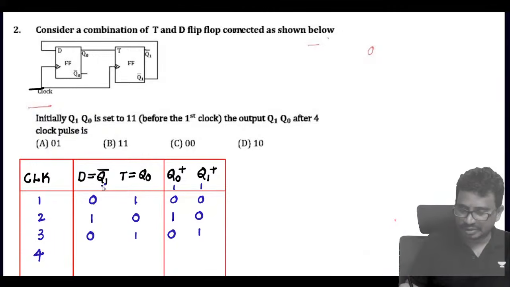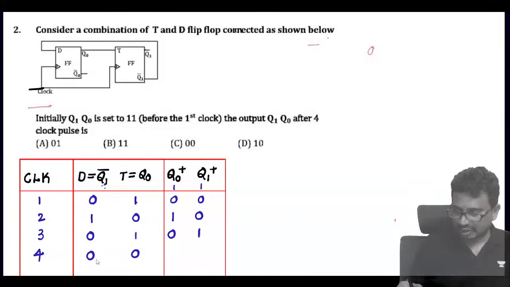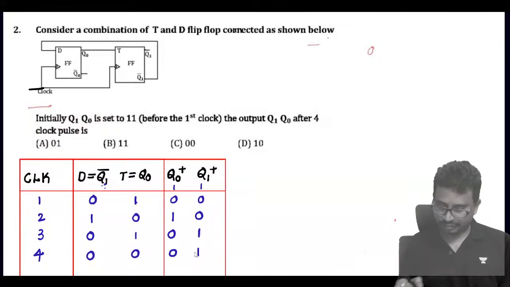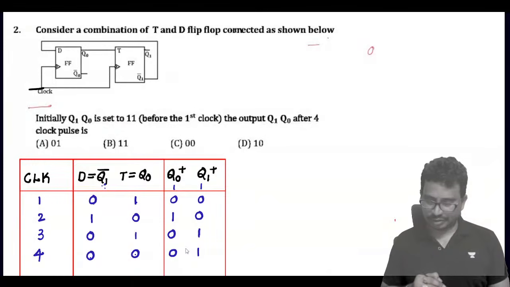For the 4th clock pulse, Q1 bar is 1, so it will come to 0, and Q0 is 0, so it is hold state.